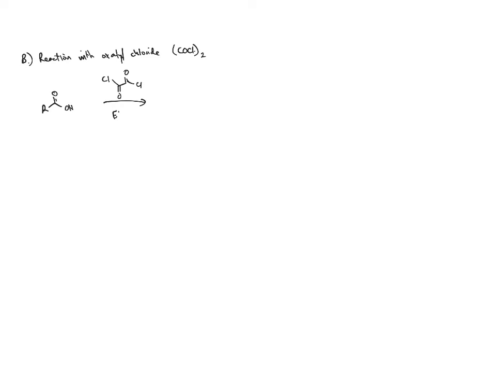And normally we do this reaction in the presence of triethylamine as base, and of course we get the acid chloride. Okay, so we know that anytime you have base in the presence of a carboxylic acid, you're going to undergo a deprotonation, and so that's going to generate the carboxylate. It's this carboxylate that then reacts with oxalyl chloride.